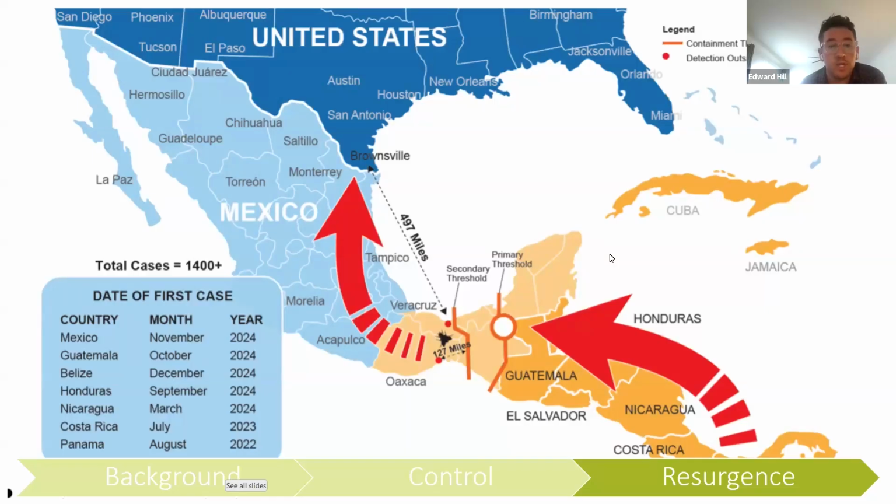COPEG had a really good firewall at the Panama Isthmus from I think 2001 to 2022. And then we've seen this steady march northward back into the territory they previously lived in. This is an old map again. Now we obviously are seeing it. We now have a case in Texas.